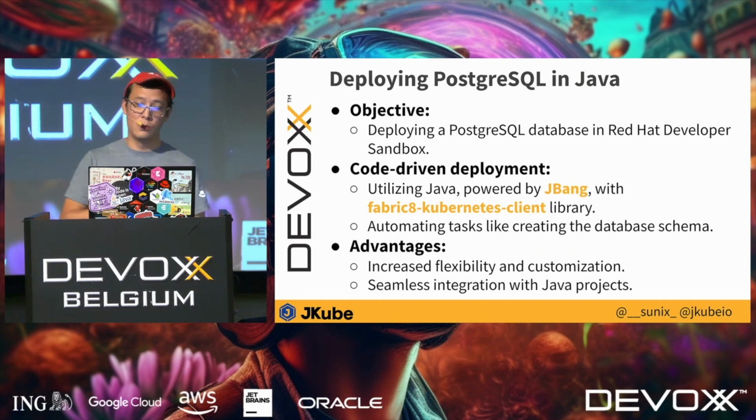It will use the Fabric8 Kubernetes client, which is a Java library to interact with a Kubernetes cluster. We're also going to use JBang, which is a nice tool. You can execute some Java code without having to compile it and download and configure a Maven project for that. It will be a nice way to test some tasks like the creation of the database and so on.